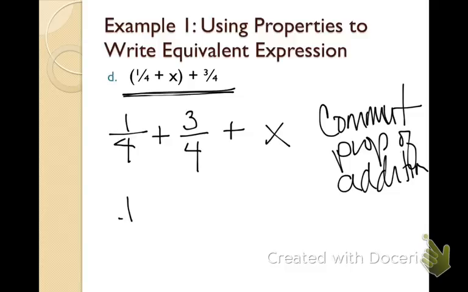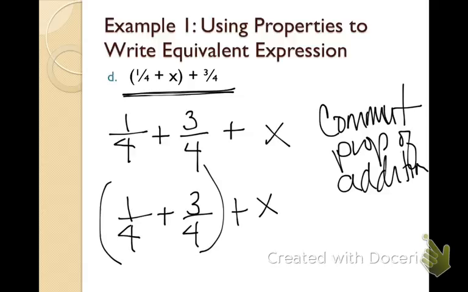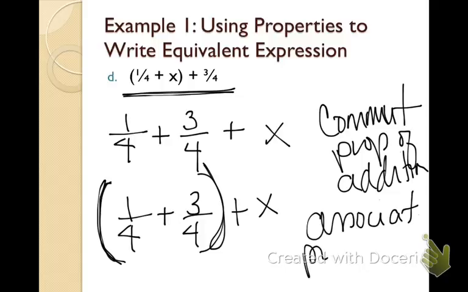And then I want to make sure that I add my fractions together first, so I'm going to associate them, make them friends. That's the associative property of addition. And we add those two together. So I get 3/4 plus 1/4 is 4/4, which is 1, plus x.